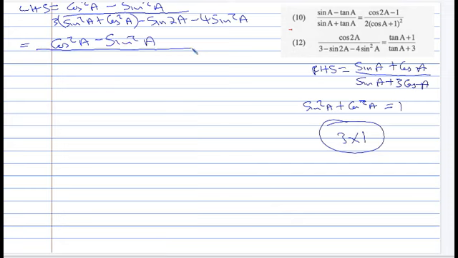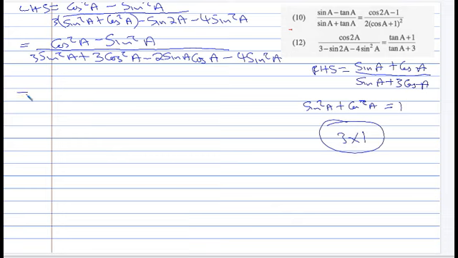And then let's deal with the denominator there. Clear this bracket, it is 3 sin A squared plus 3 cos A squared. And then let's expand here. Minus 2 sin A cos A, our double angle formula there, and then minus 4 sin A squared.